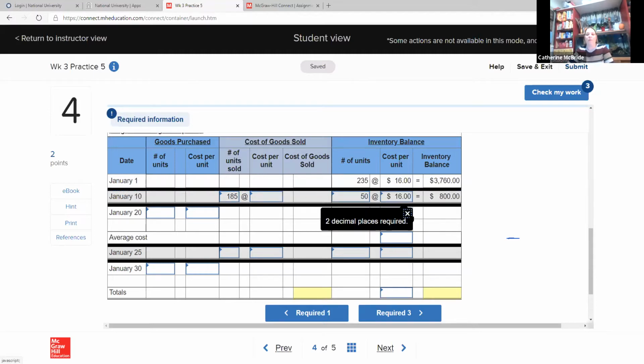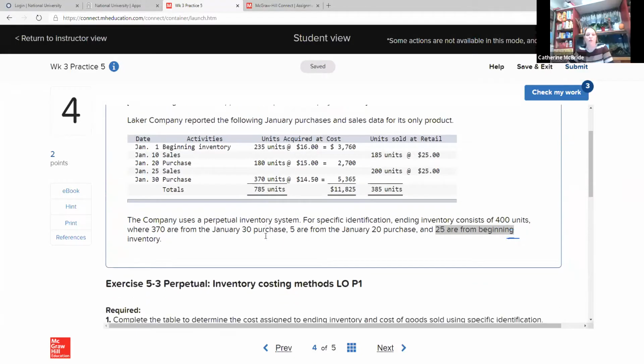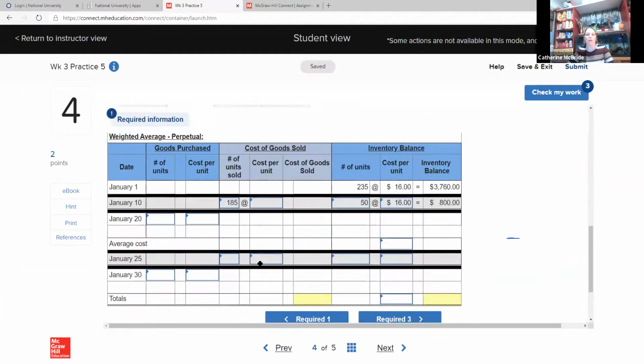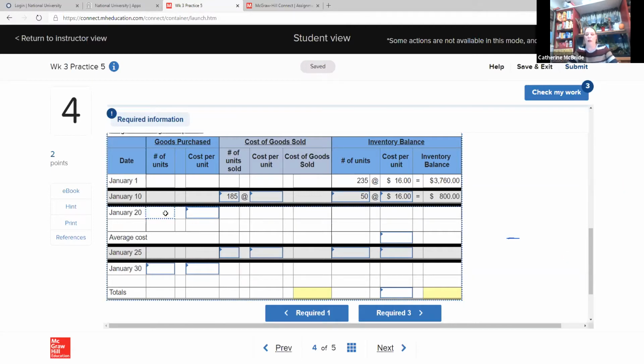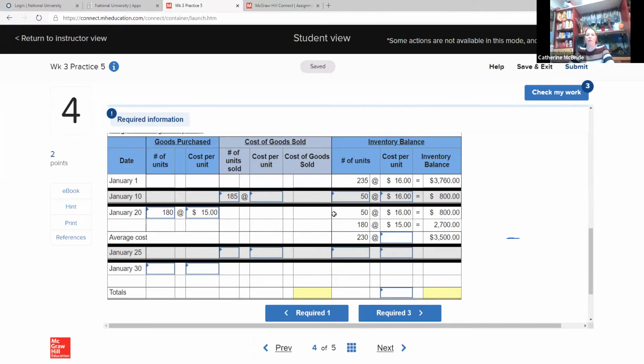Okay, so there's my layer. On January 20th, we purchased 180 units at $15. So now I have two layers. I have my $50 and my $180.